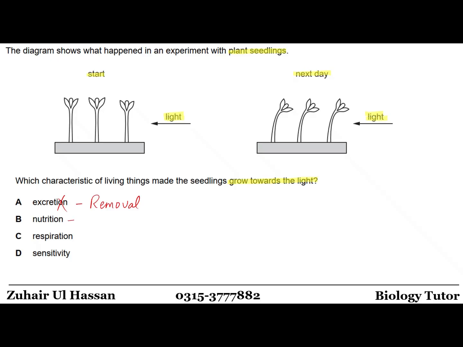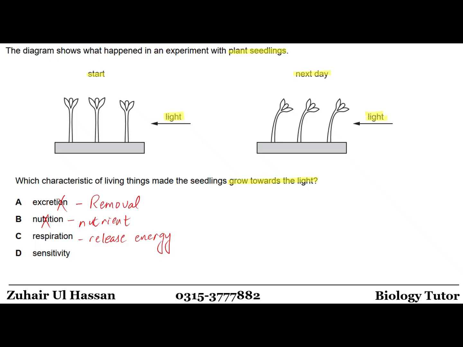In nutrition, we have talked about taking in of nutrients, and there is no nutrient being taken in by the plant, so it's not nutrition as well. For respiration, we have talked about it being a chemical reaction that releases energy by the breakdown of nutrients, and there is no energy released by this particular process. And also it's not a chemical reaction.